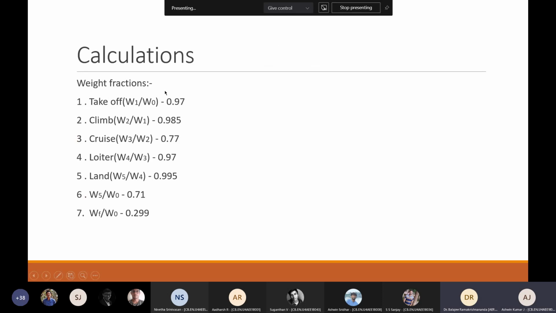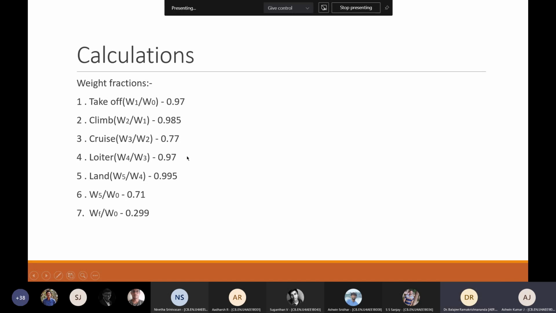These are the weight fractions which we obtained during the calculation. The takeoff, climb, and landing values are given in the Cork book, and were similar in the Raymer book, so we took those three values directly.